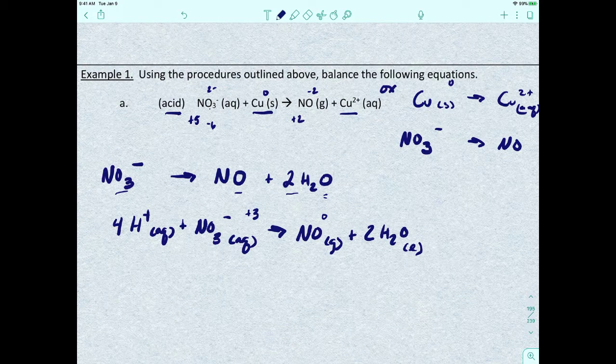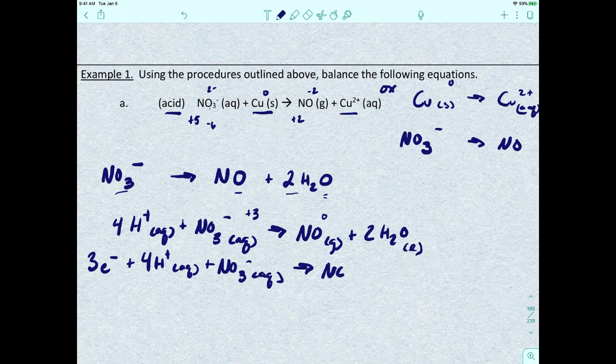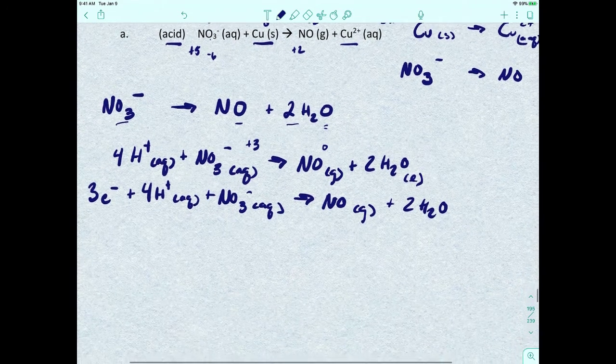In order to get this back to 0, I need to add 3 electrons to the left side as well. So 3 electrons plus 4H plus plus NO3 minus yields NO plus 2H2O. All right, so that half reaction is balanced.